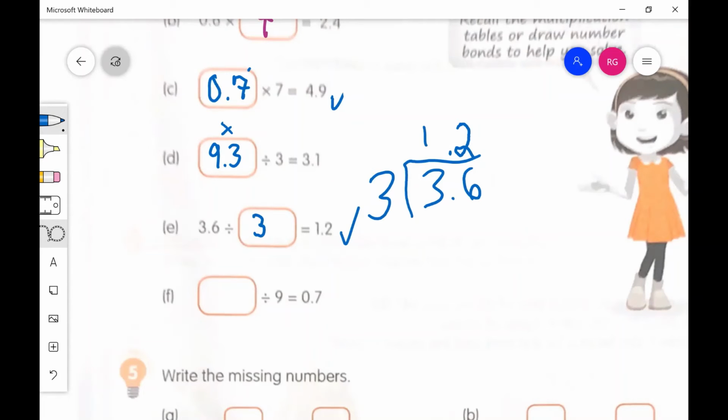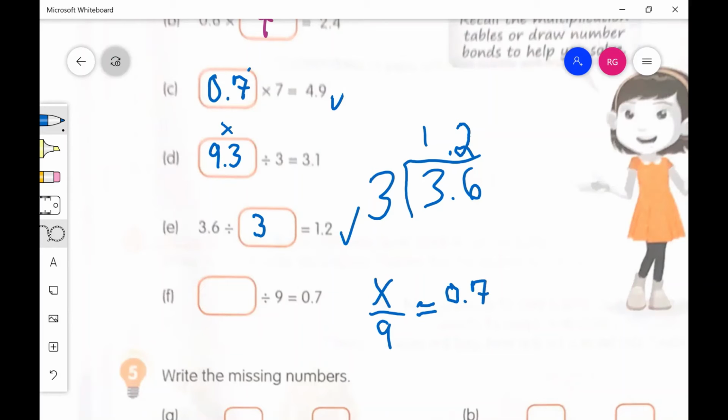Which says blank divided by 9 equals 0.7. Does anyone have a guess there, or should we work it out? I guess we'll work it out, right? Okay, so let's think here. We have x. I like to write this x over 9 equals 0.7.